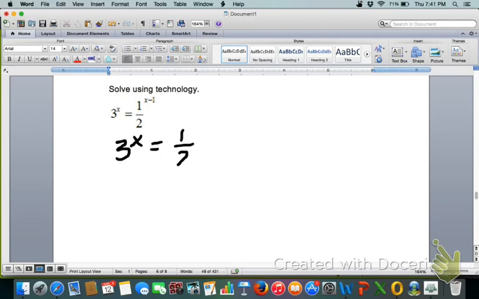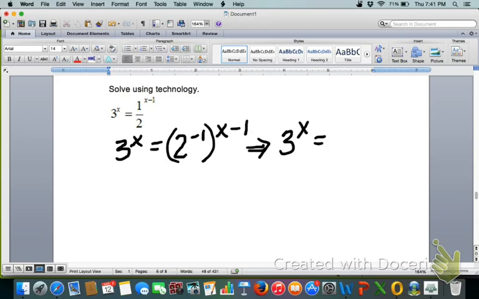I don't need to rewrite that. I'm going to write that as 2 to the negative 1, all raised to the x minus 1. So now I have 3 to the x equals, and if I multiply my exponents, I have 2 to the negative 1 times x is negative x, and then negative 1 times 1 is plus 1.